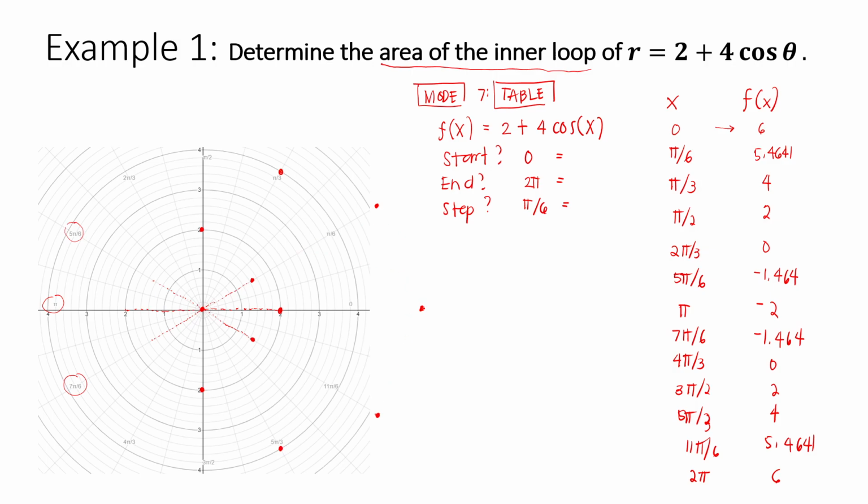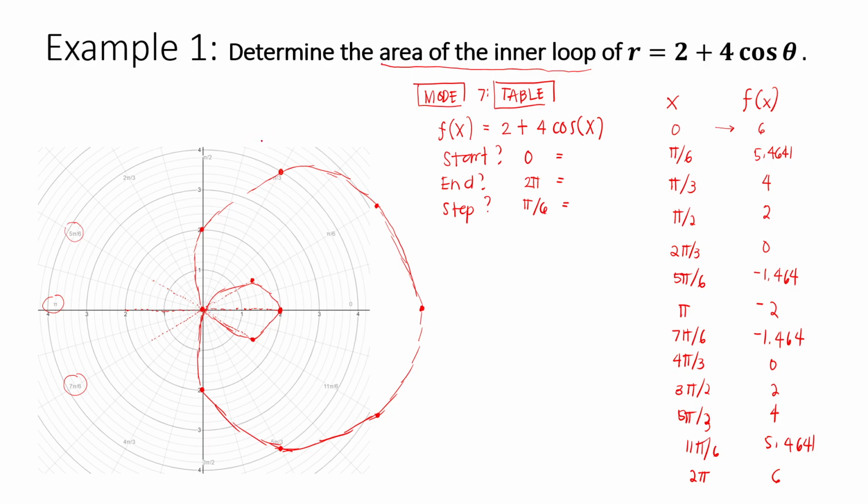When you try to draw the diagram, you always start with 0 and then follow along the angles from 0 going to 2 pi.